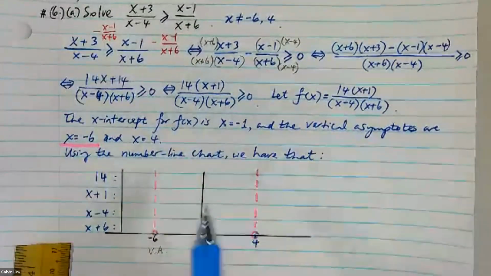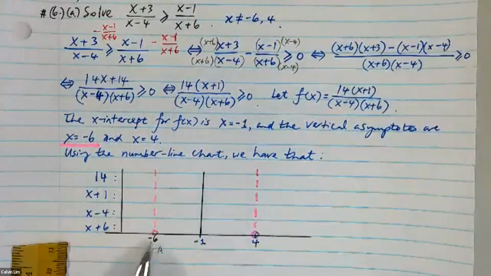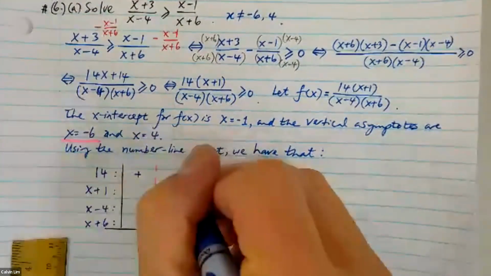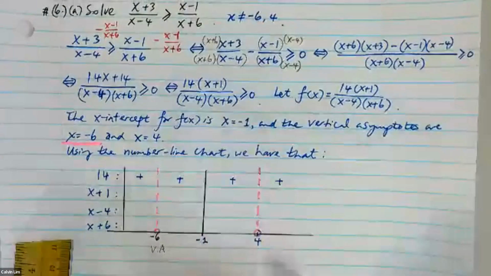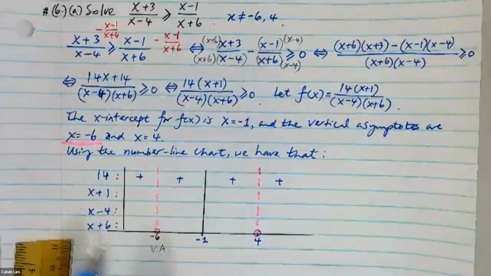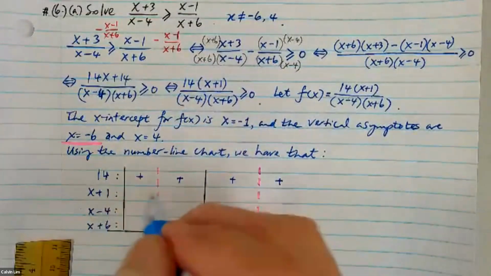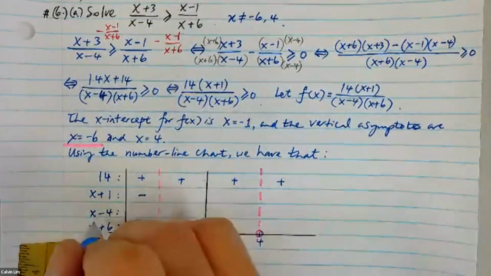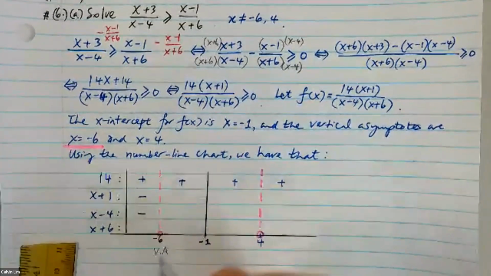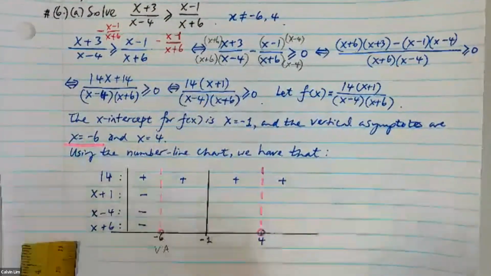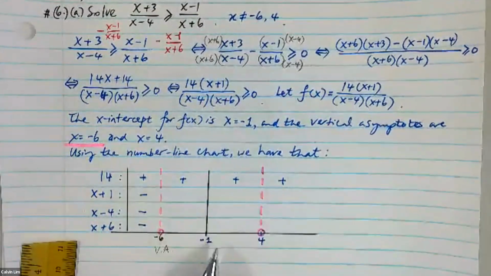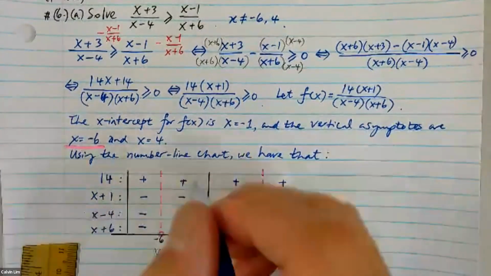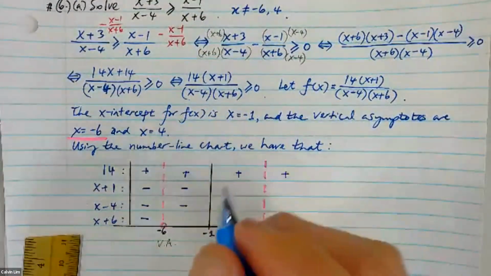Now it's the same procedure. Think of a number in the region -6 or less. 14 is always positive. If x is less than -6, say -100, x plus 1 will be negative, x minus 4 will be negative, and x plus 6 will be negative. Between -6 and -1, say -2, x plus 1 is negative, x minus 4 is negative, x plus 6 is positive.